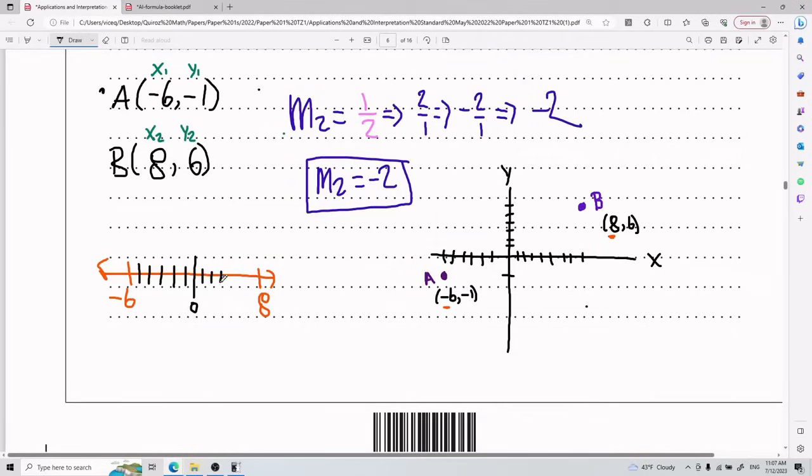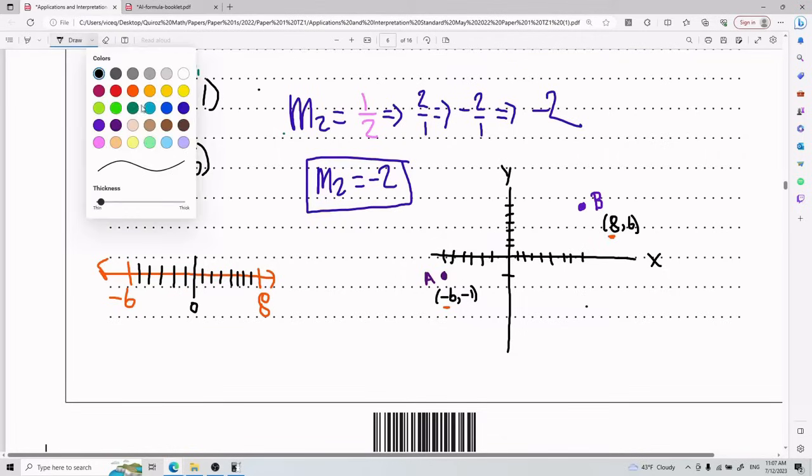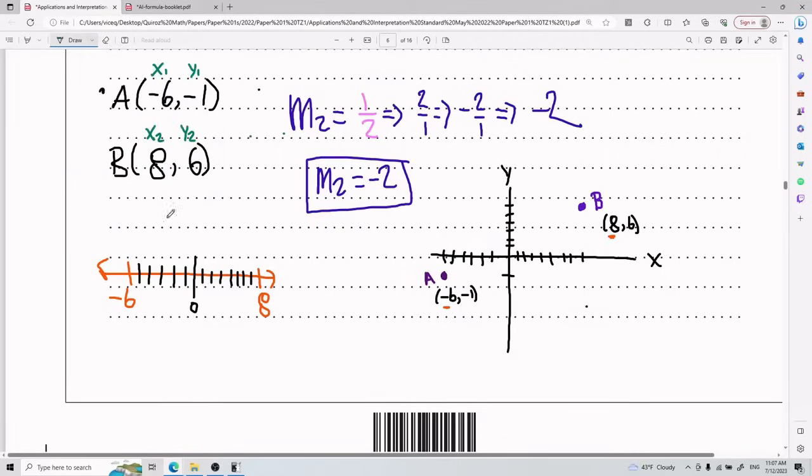Then 1, 2, 3, 4, 5, 6, 7, 8. And so if I ask you to find the halfway point now, it's going to be so much easier. What I like to do is jump once here, jump once there, jump once here, jump once there. So on this left side, I am now on -5, -4, -3. Over here, I am on 7, 6, 5.